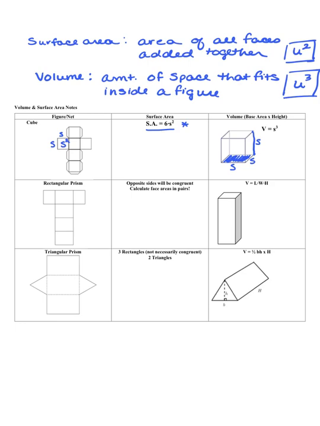So the area of the base would be side times side, and then multiplying it by the height. Sometimes you might hear that the volume of a cube or of the rectangular prism below is length times width times height. And in general, for any prism, you can always find the volume by taking the area of the base times the height.